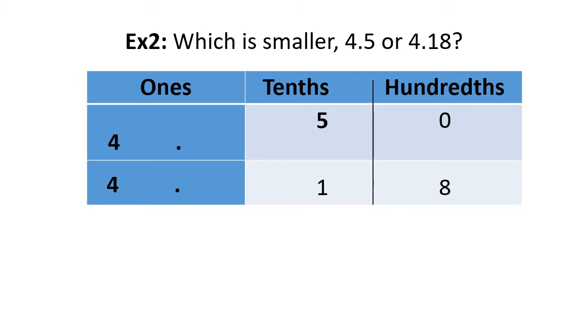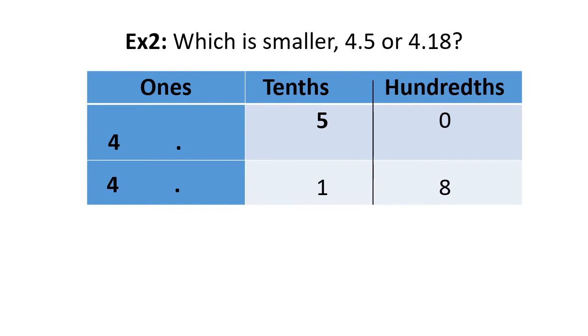Let's have a look at the greatest place value first. What is the greatest here? The greatest place value here is ones. Ones stand for the whole numbers. So we start to compare, beginning with the whole number first. 4 and 4 are equal. If the numbers are equal, we have to move to the next one. Now we're going to compare the tenths. In the tenths place, teacher has 5 and 1.